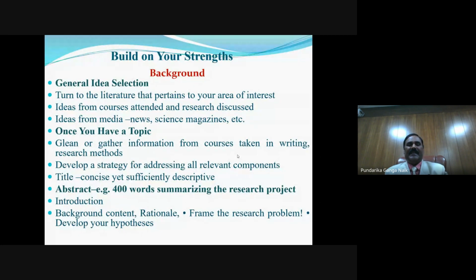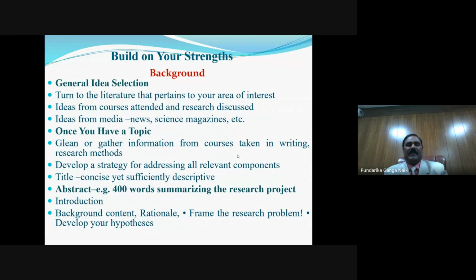You may get ideas from those courses, develop a strategy for addressing all relevant components, and then develop a concise title, yet sufficiently descriptive that one can understand what you are trying to do in the research proposal, in particular the evaluator who is going to evaluate your research proposal.